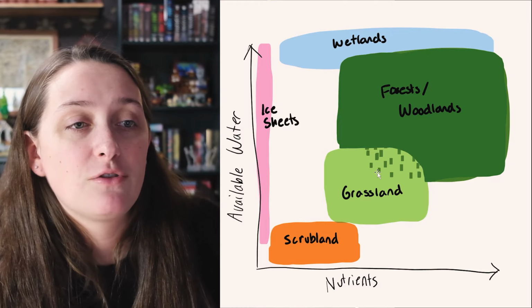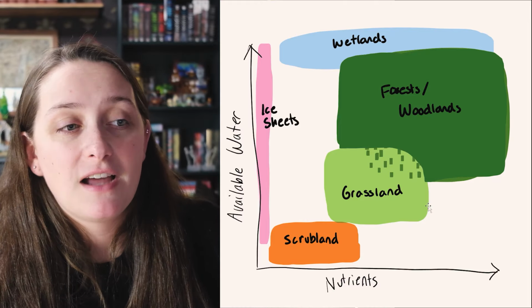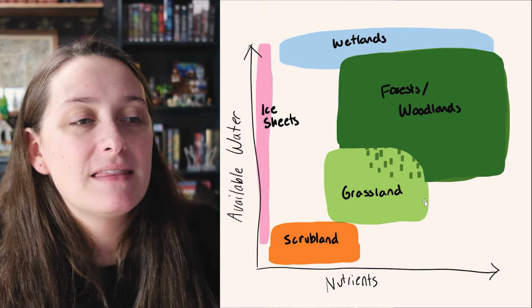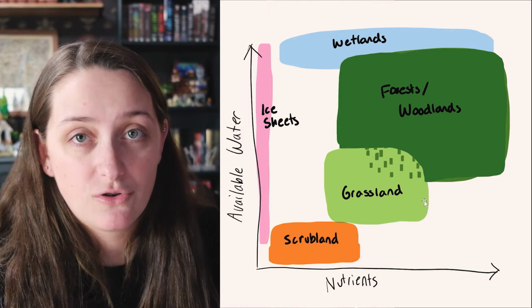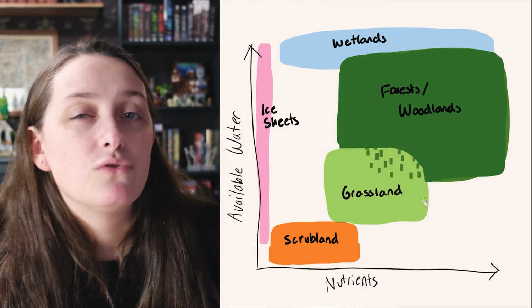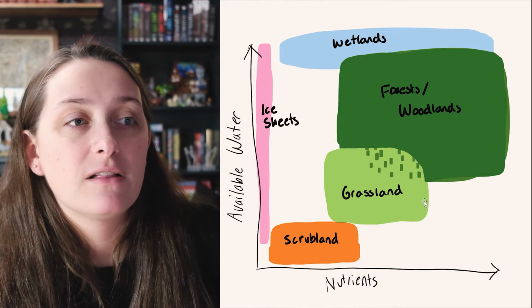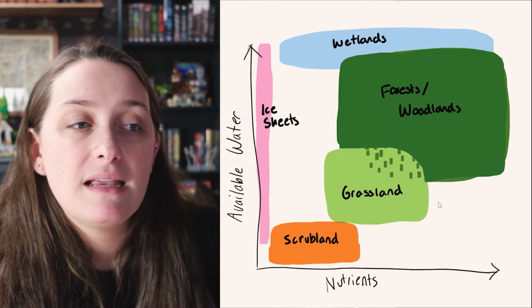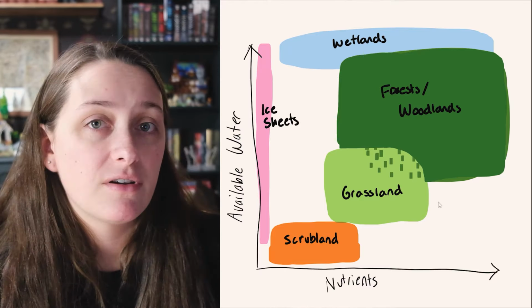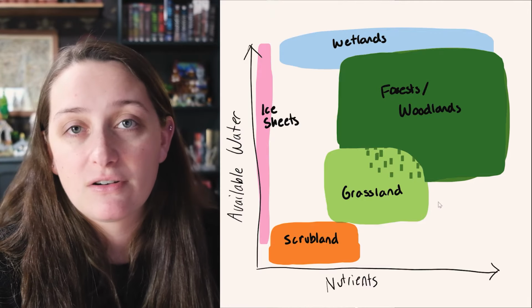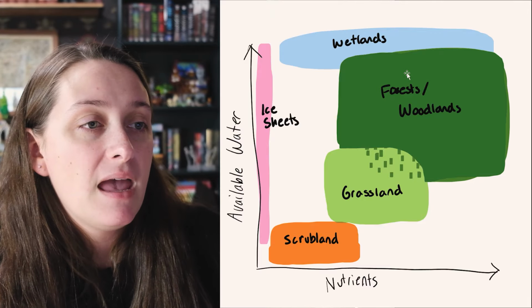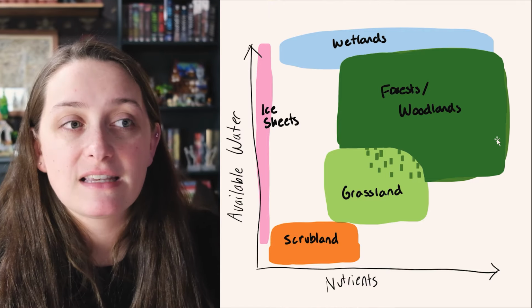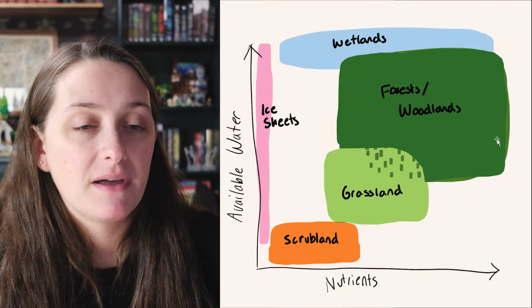The next one up here is grasslands. And grasslands are dominated by grass. Surprising. And this is essentially where there are little to no trees, typically where it is too dry or there's not enough nutrients available to support trees. And these are mostly maintained by fires, whether they're natural or otherwise, and a general lack of precipitation. And then we have forests and woodlands, which are dominated by trees. And there are a lot of subtypes here, which we'll talk about in a bit.